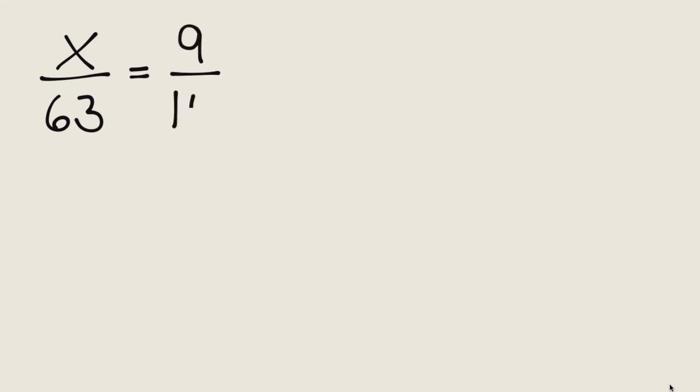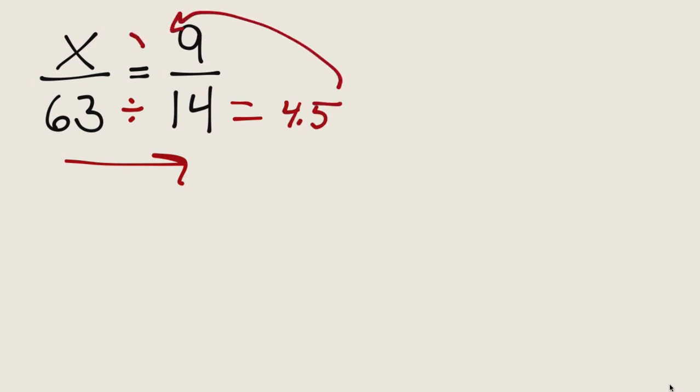You took 63 and divided it by 14, moving in this direction. You found that that equaled 4.5. You then took 4.5 and plugged it in over here, multiplied by 4.5, and got 40.5, and then that gave you x.